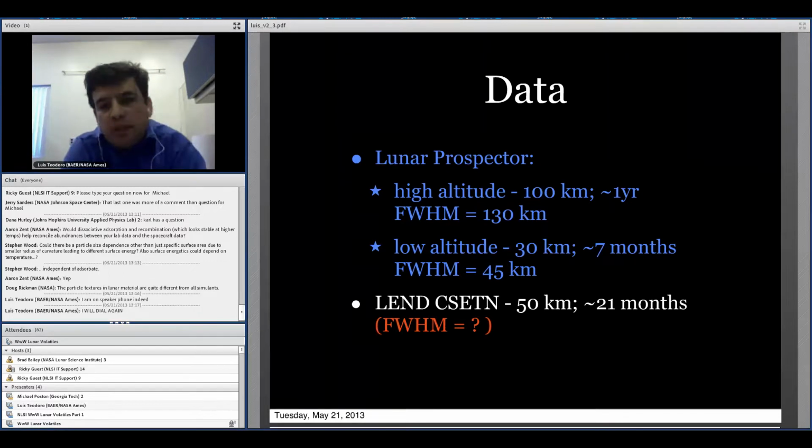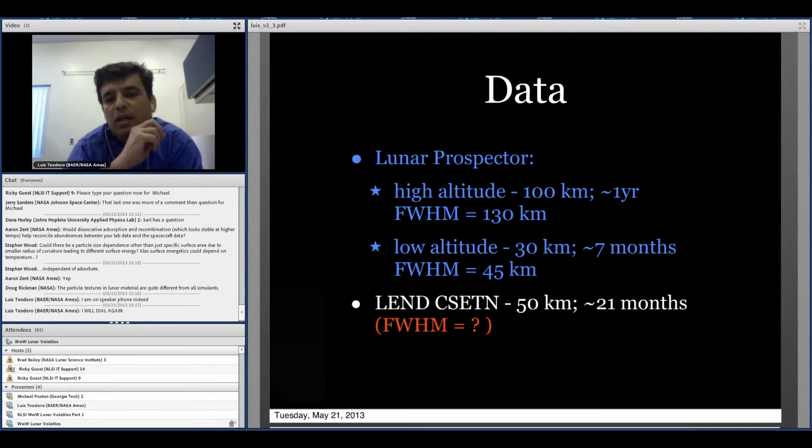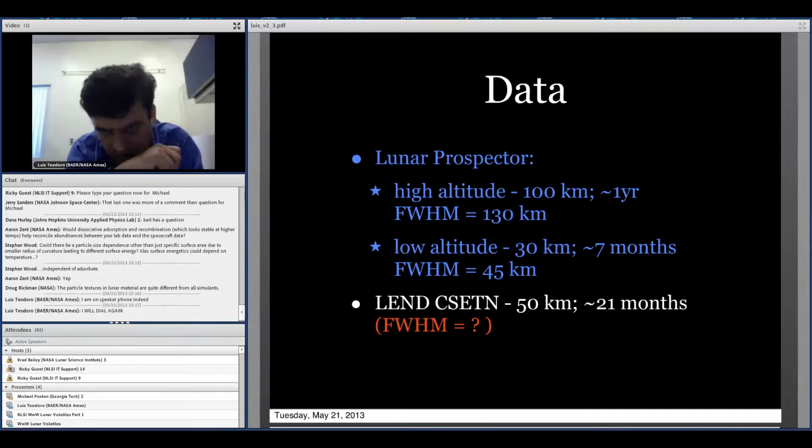We have a subset that we are going to call high altitude Lunar Prospector, the orbit of which is roughly 100 kilometers, and the spacecraft was there for roughly 1 year, and the full width half max is roughly 130 kilometers. Then we have the low altitude orbit, around 30 kilometers, that lasted for 7 months, and full width half max is 45 kilometers.